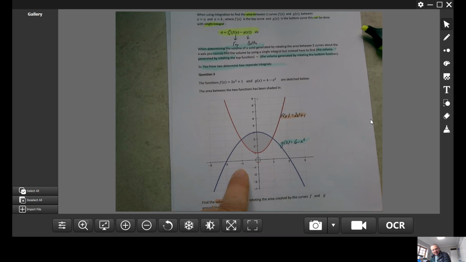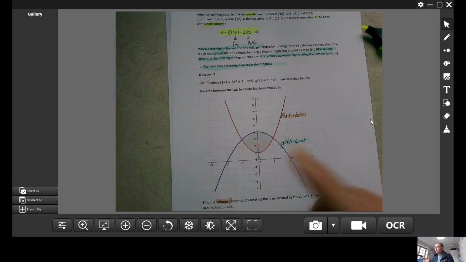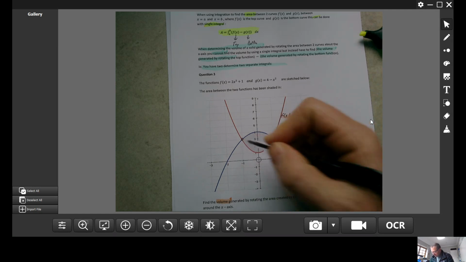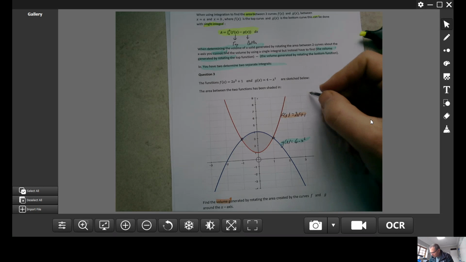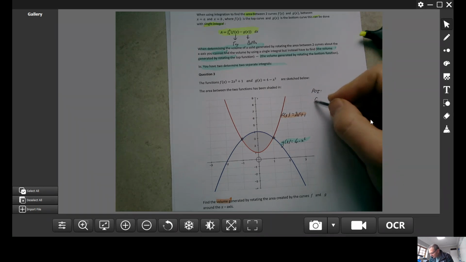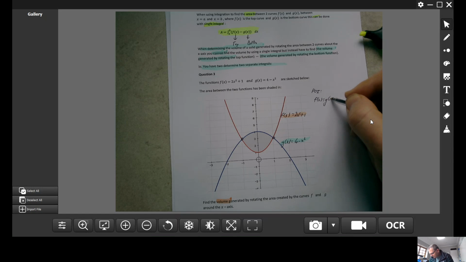So first of all, I know you can see it from the graph here, but I want you to get used to it, you're not in an exam, you wouldn't probably be given those points over there. So first of all, what you have to find is the point of intersection of the two curves. So your point of intersection is going to happen when f of x is equal to g of x.